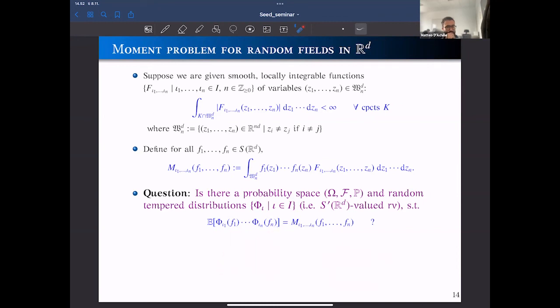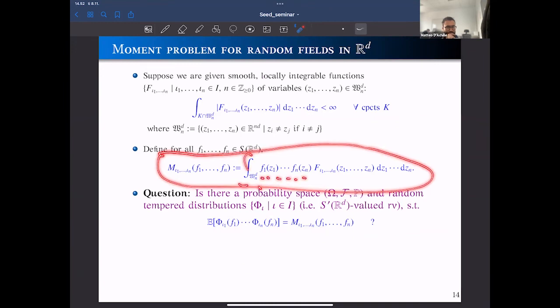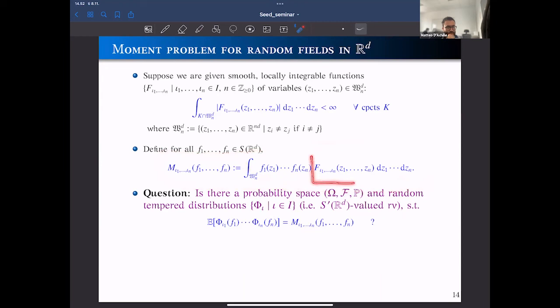So that's the idea. And if that should be the case, then the moments would be maybe given by some kind of object M, which depends on the test functions, and that's up here. And what is it? You just integrate against the test functions and some kernel, which should be this Z function I was telling you about.